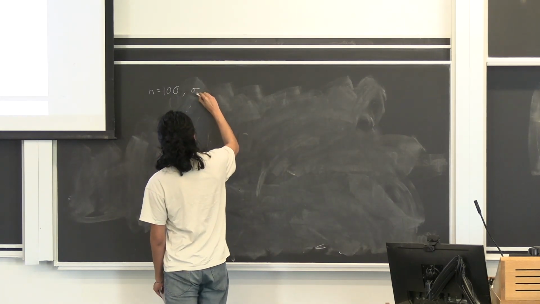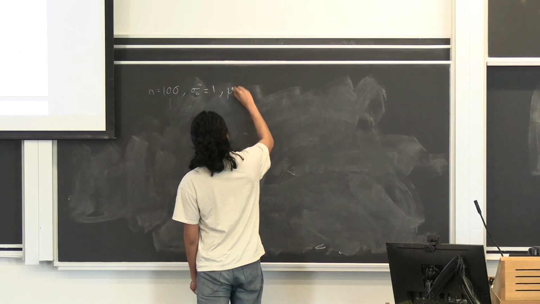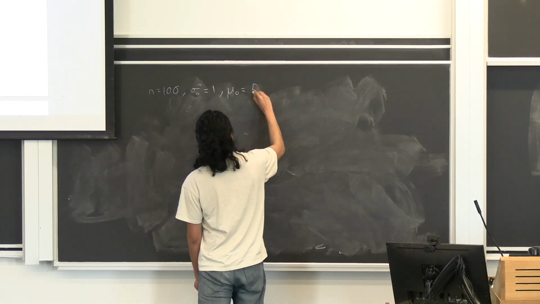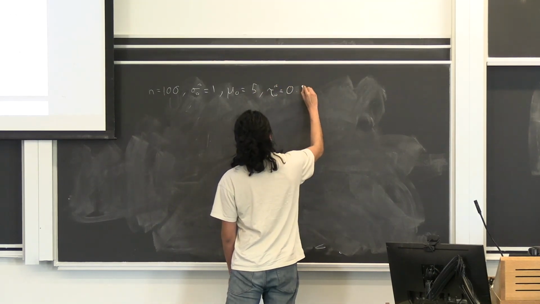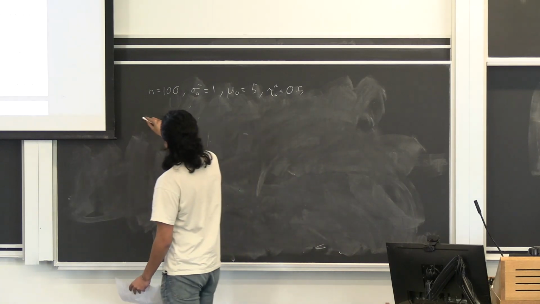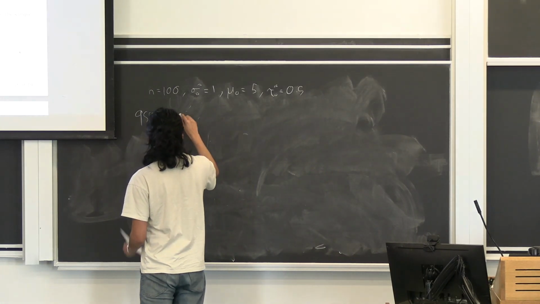So we have that equals 1, mu naught equals 5, and then 0.5. So now we want the 95% CI.